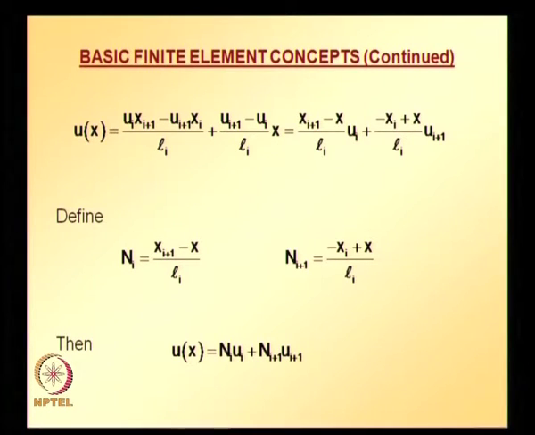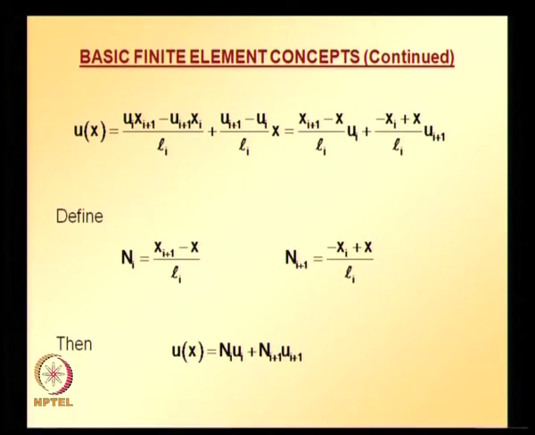So, now coming to the equation u is equal to Ni ui plus Ni plus 1 ui plus 1, once again I want to bring your attention to this equation. If you recall, for the Galerkin weighted residual method, the weight function is defined as the partial derivative of u with respect to the unknown coefficient. Earlier you had unknown coefficients a naught, a1, whereas now you have unknown coefficients ui and ui plus 1.